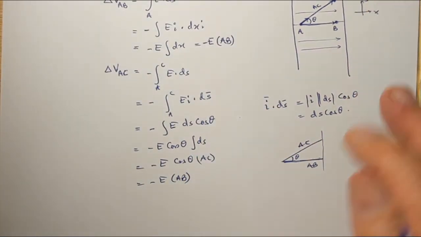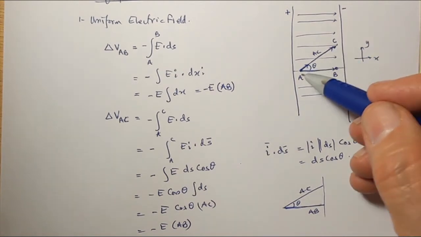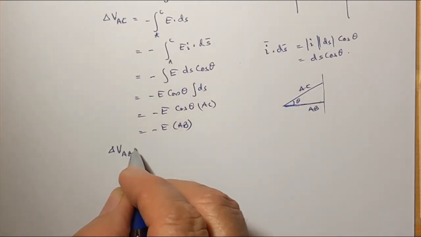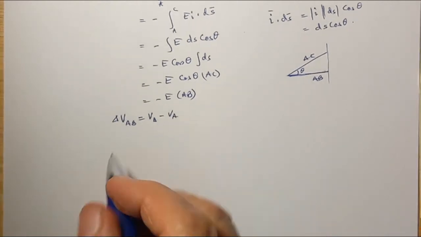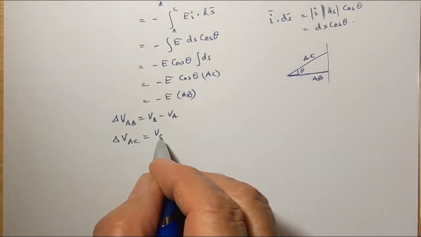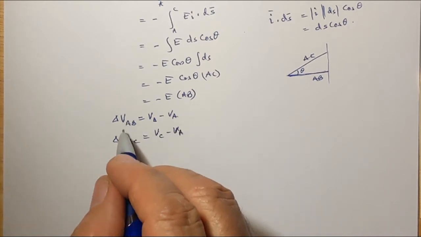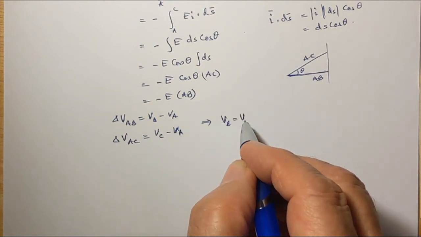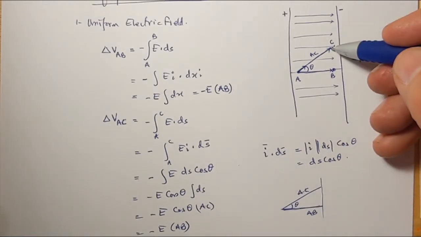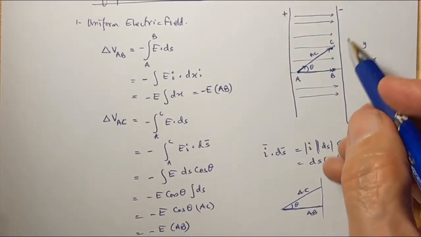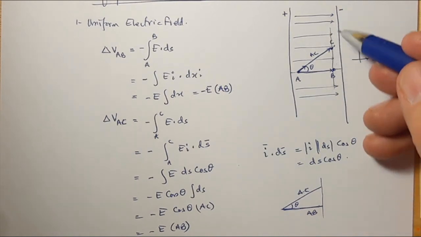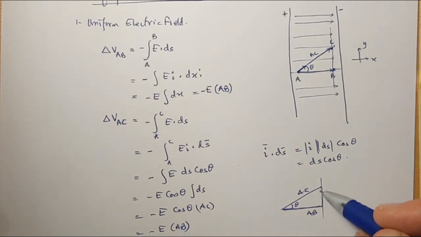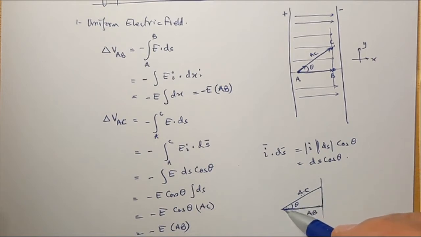So the electric potential difference from A to C is the same as from A to B, and because delta V AB is V at B minus V at A, and delta V AC is V at C minus V A, and these two are equal, it means V B equals V C. So the electric potential at these two points is the same, provided that they are on a line that's perpendicular to the electric field, so that in that case only will AC cos theta be equal to AB.